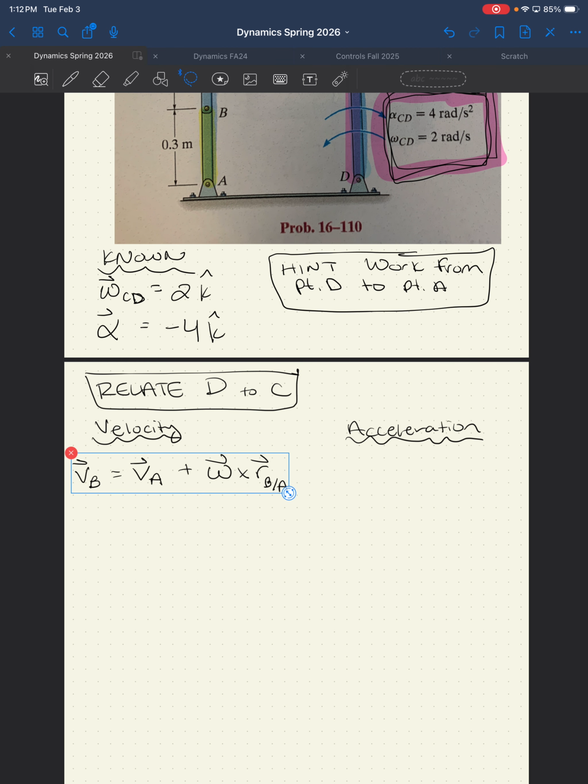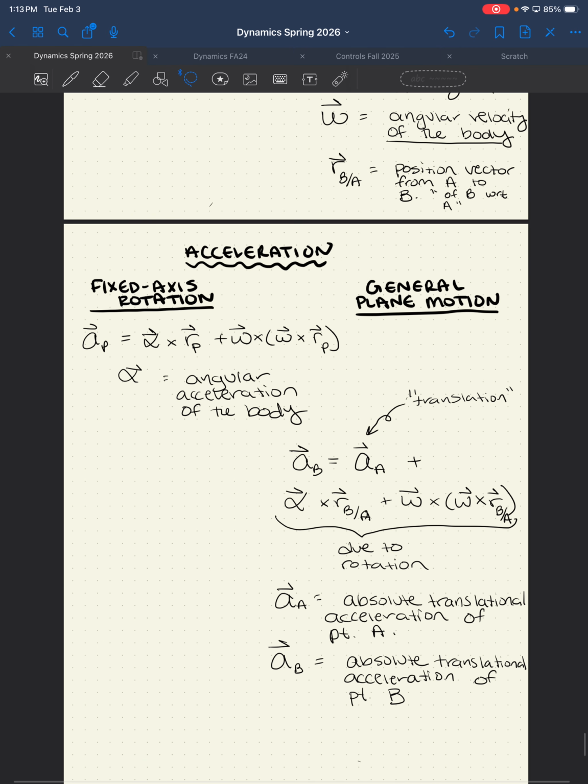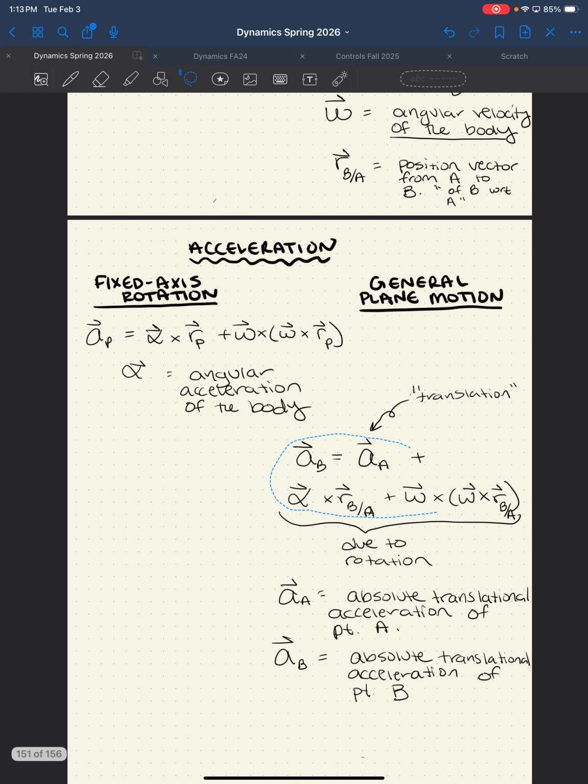So going to C from D, this guy here is R, right? 0.9 j hat, right? Just add these two lengths and it's purely in the j hat direction. All right, so I'm going to start plugging in. So I have 0 i hat plus 0 j hat. That whole thing goes to 0. That goes away, and I'm left with fixed axis rotation.